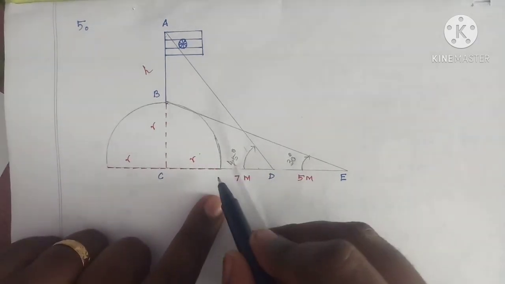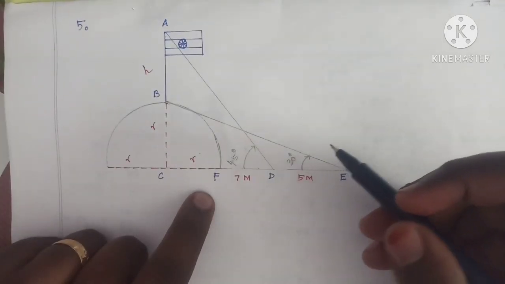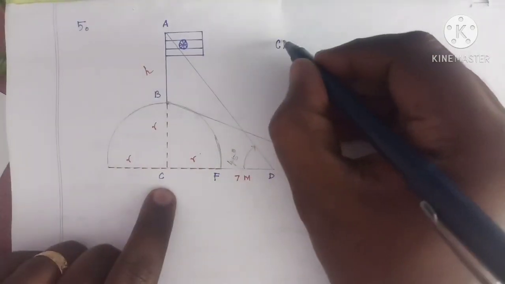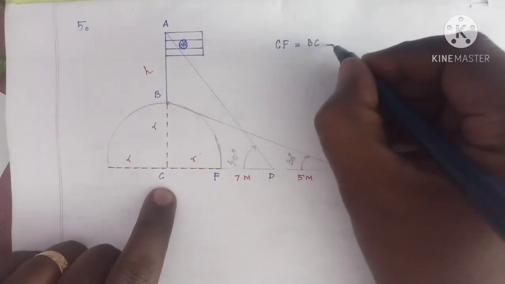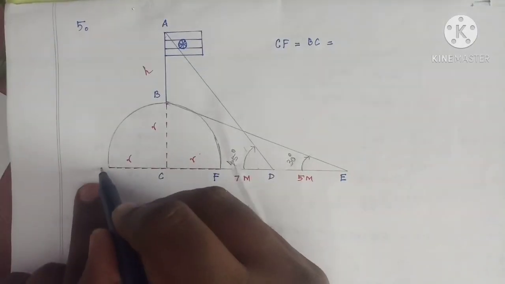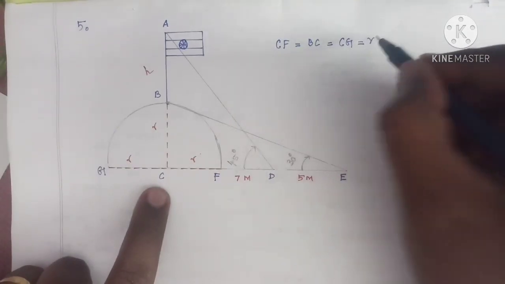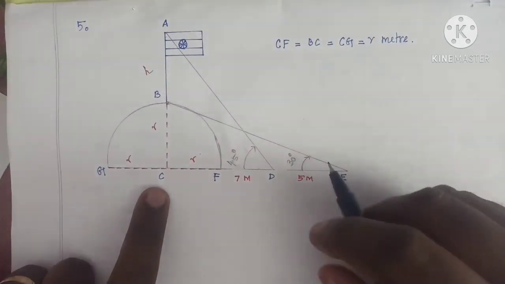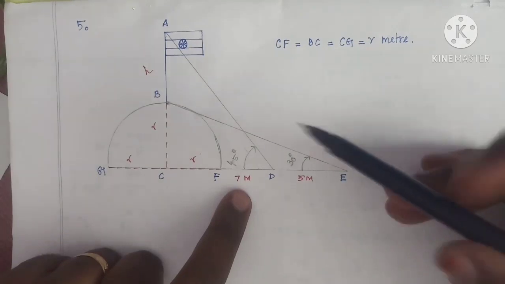You can take this as F. Understood? And you know very well this CF equal to BC equal to, you may take a G, CG equal to r meters. That is the radius of the hemisphere. I hope you understand this.